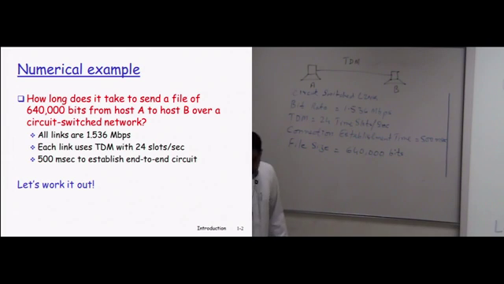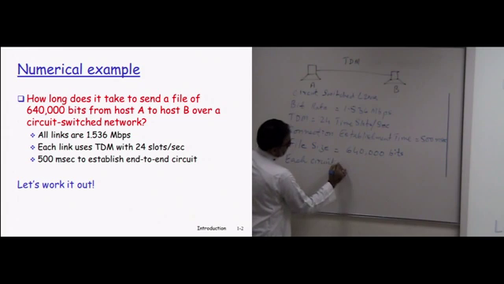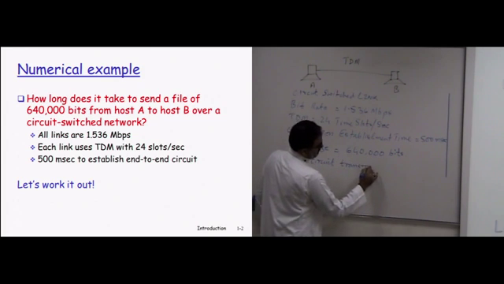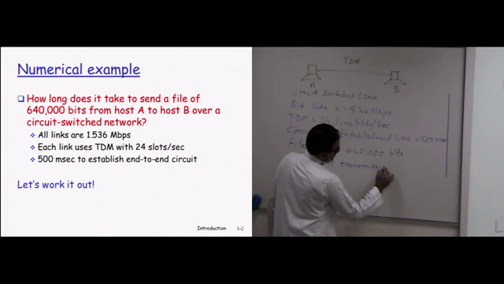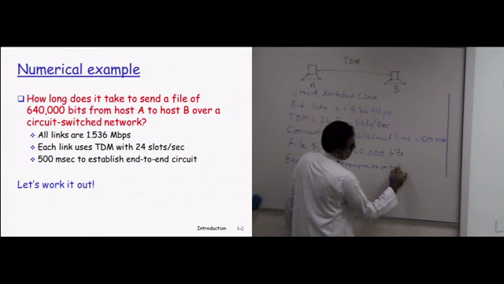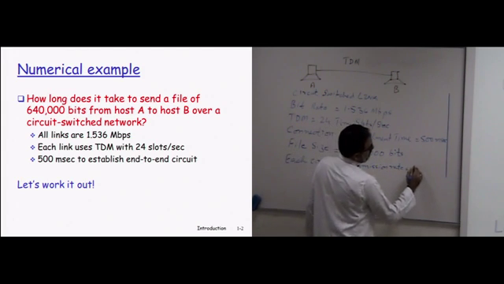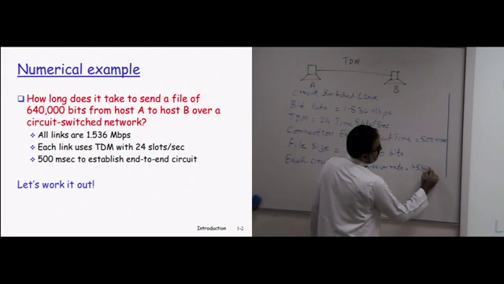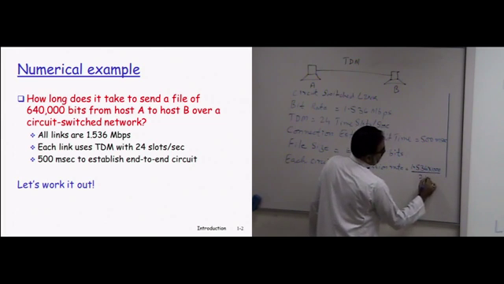So each circuit will have a transmission rate of 1.536 into 1000 divided by 24, because there are 24 time slots.